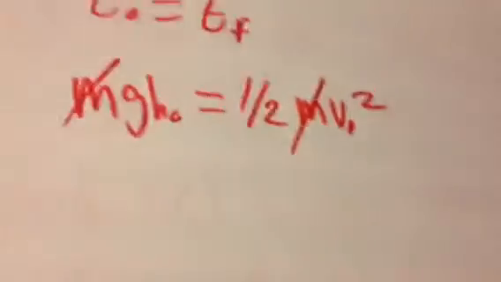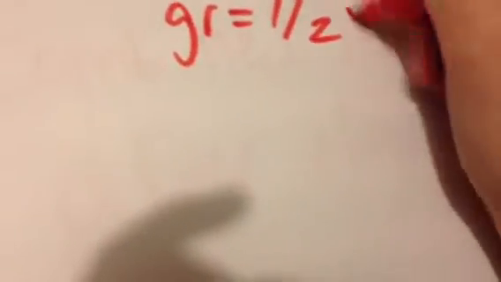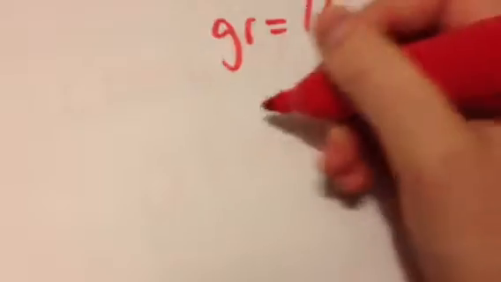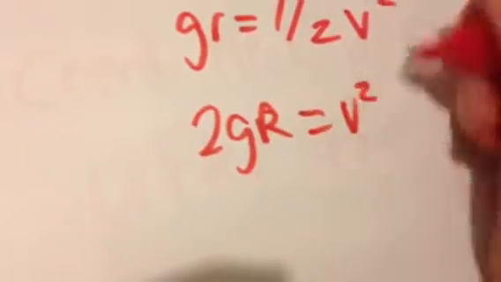And then our m's cross out, and if we look back, we see that height is equal to the radius. So it becomes gr equals 1/2 v squared, which becomes 2gr equals v squared.